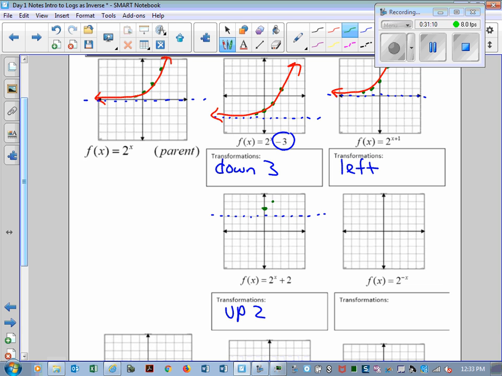From here, I go up 2. From here, I'd go up 2. And from here, I'd go up 2. I got my points. I can draw my curve.